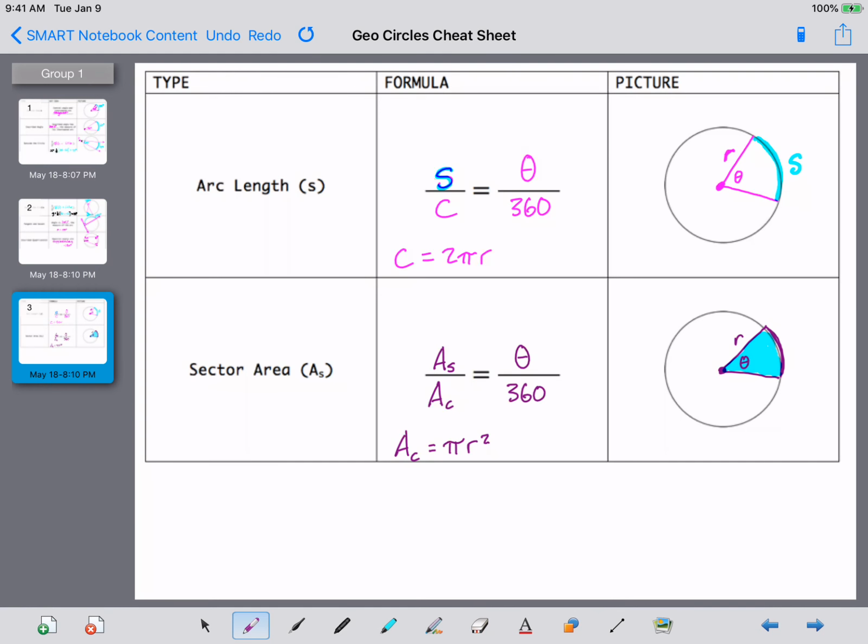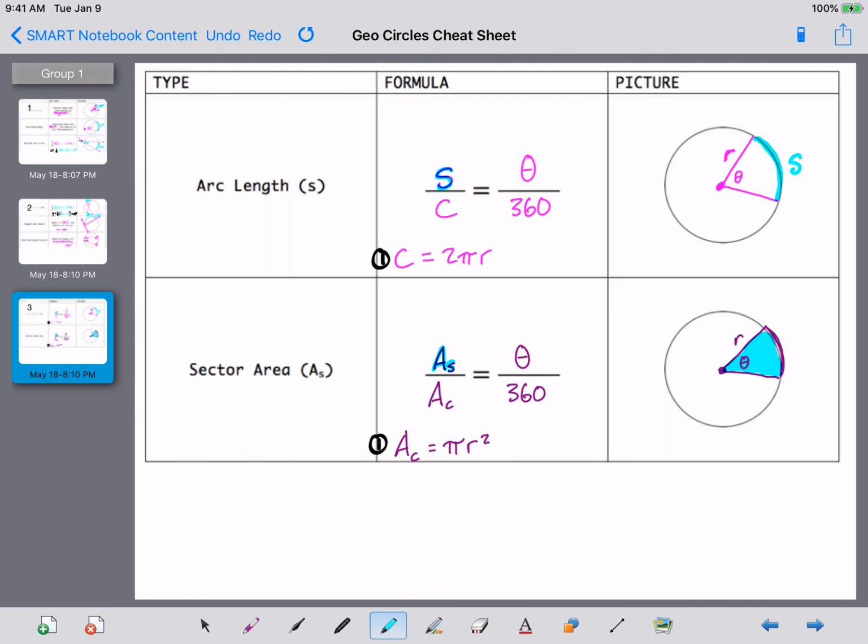So again, your first step in both of these formulas is to find the circumference or to find the area, because you're going to need to use that to find that unknown. In either of these cases, that's your first step.